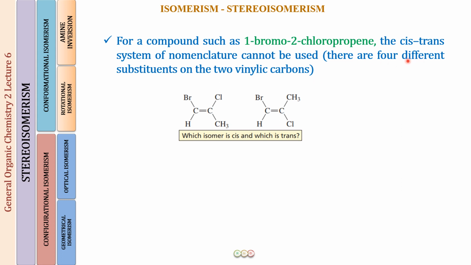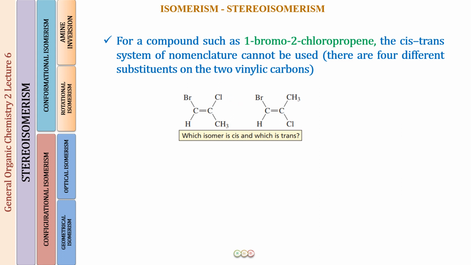Because there are four different substituents on the two vinylic carbons, right? On the two carbons you can see a bromine, a chlorine, a methyl group and a hydrogen. All of them are different. As far as the name of the compound is concerned, this is 1-bromo-2-chloropropene, but you cannot tell whether it is going to be a cis isomer or a trans isomer looking at these structures.